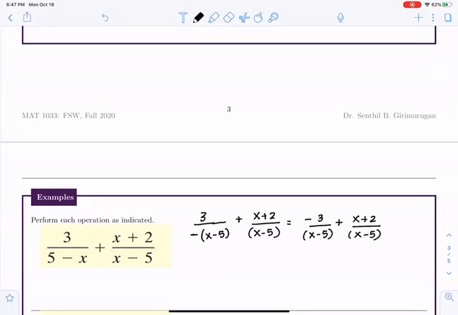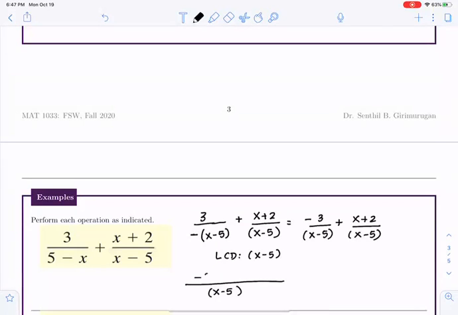So I have a common denominator already, and that is x minus 5.